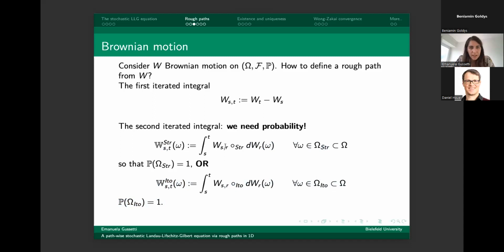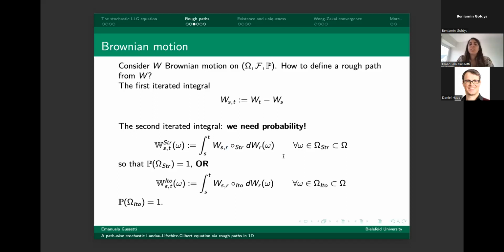For the analysts that are here, I didn't forget an omega here. It's really that one is constructing the object probabilistically, and afterwards one fixes omega. I cannot define W omega, dW omega. So it's really a probabilistic construction, and then afterwards we fix the path.